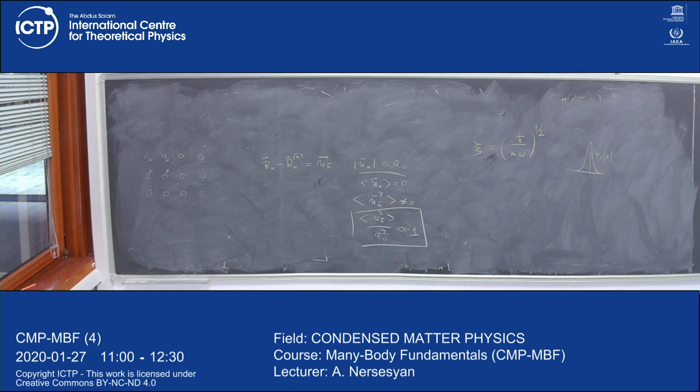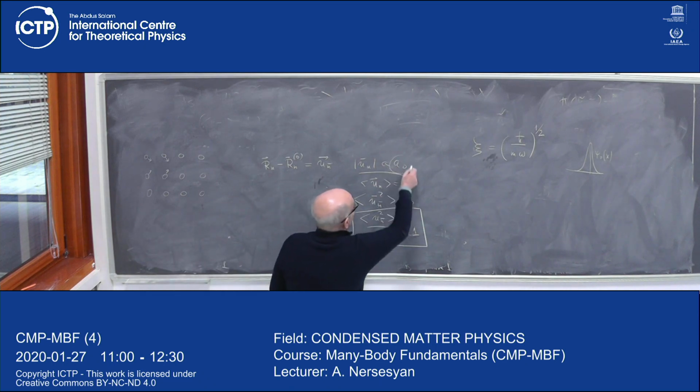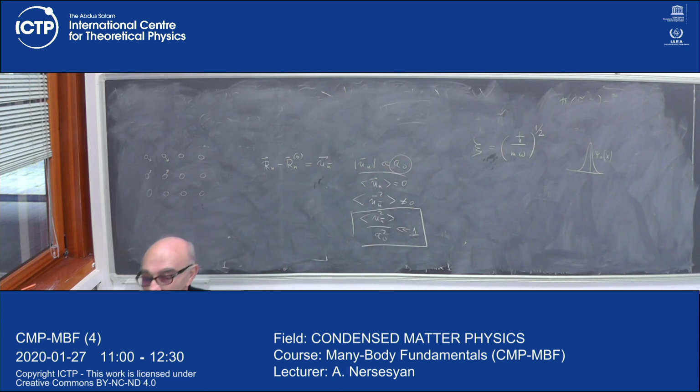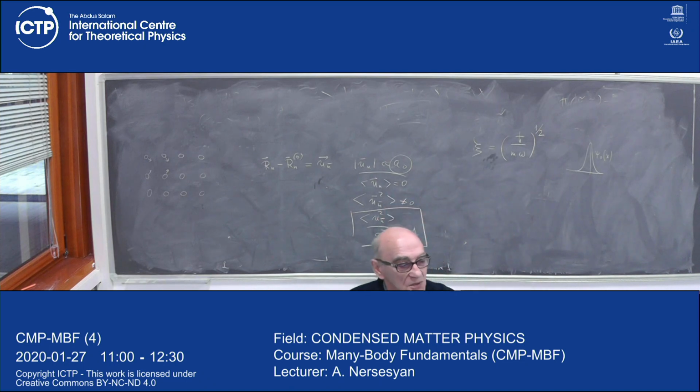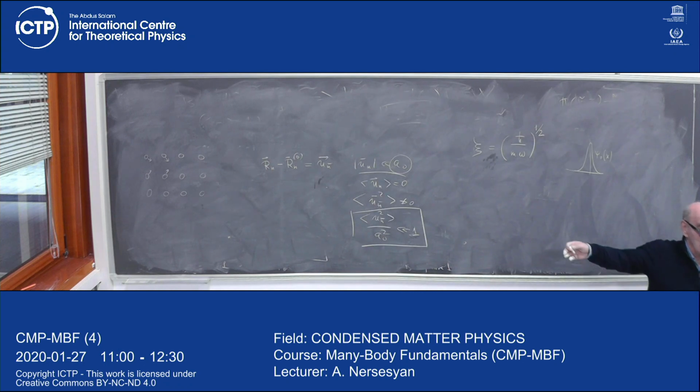But on the other hand, since I'm in a crystal, I have a new object, a new length, another length, the length which is a feature of the ground state. So this is the quantum length which characterizes vibrations of each harmonic oscillator. And there is another length which describes a structure of a much larger scale.